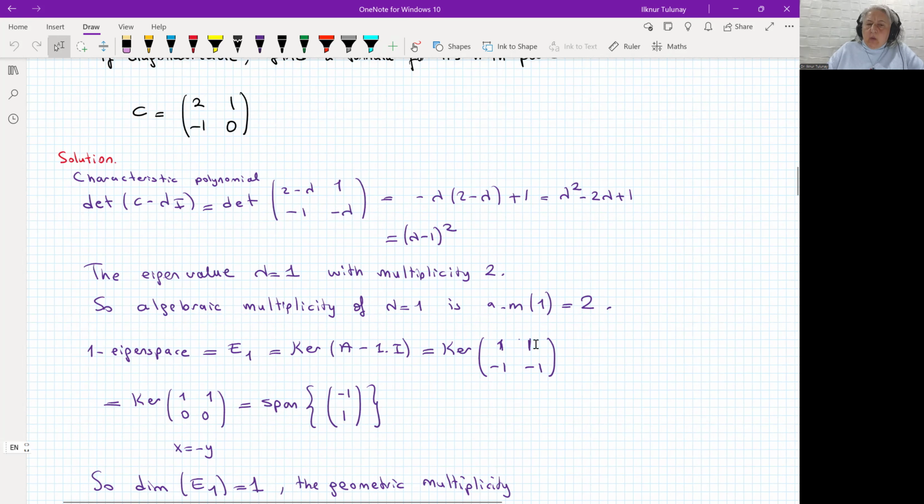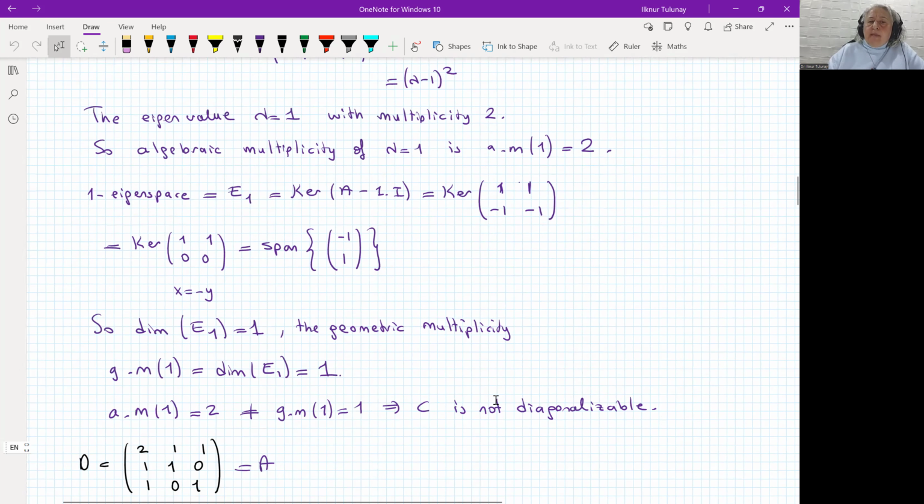So I'm going to do a row operation here. Adding this row to this row will give me this element and this element 0. So the kernel will be just x plus y equal to 0. Basically, x is equal to minus y, and y is a free variable. So the vector minus 1, 1 will be the basis of this kernel space.